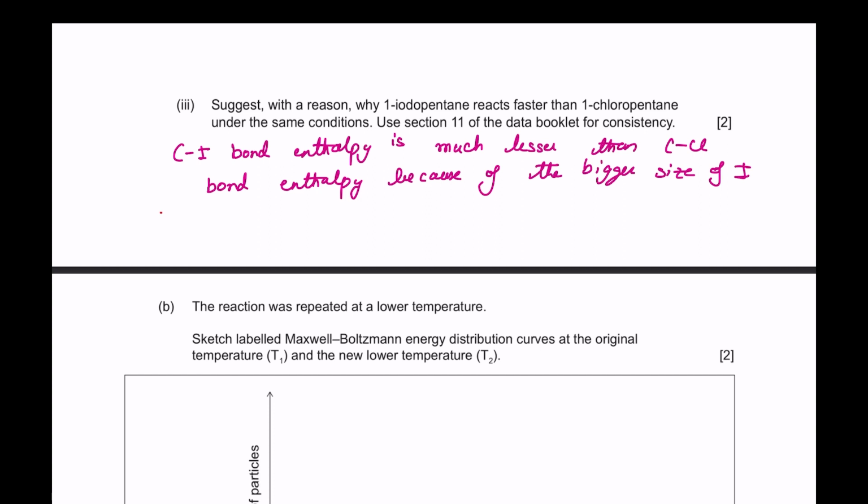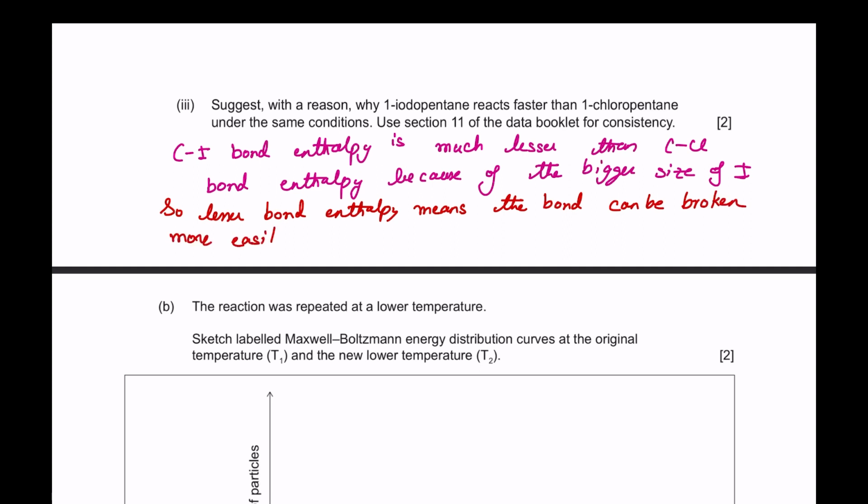So lesser bond enthalpy means the bond can be broken more easily, and hence 1-iodopentane reacts faster than 1-chloropentane. That's the correct answer.